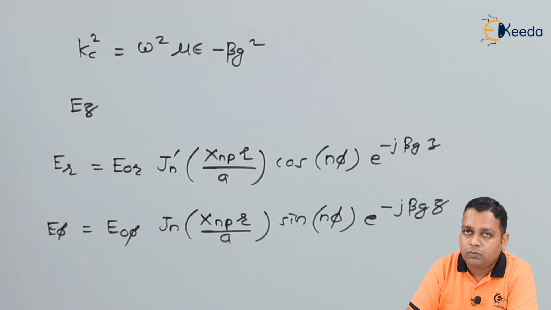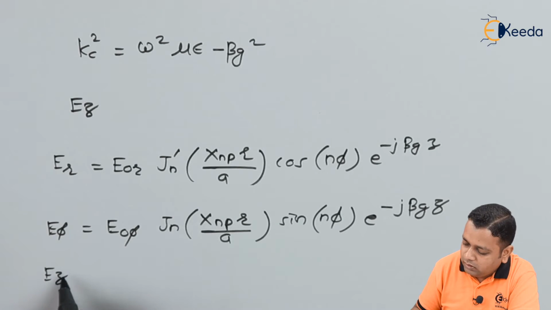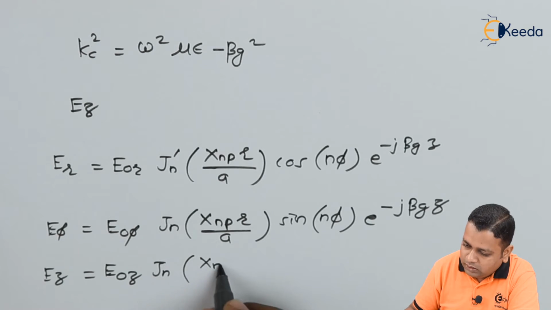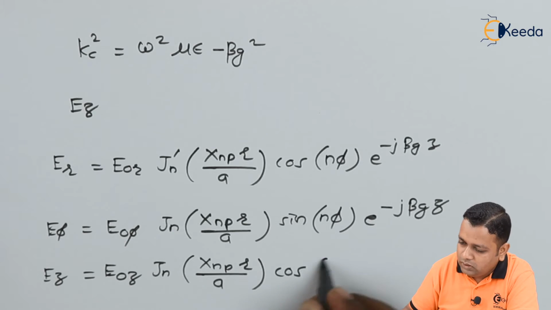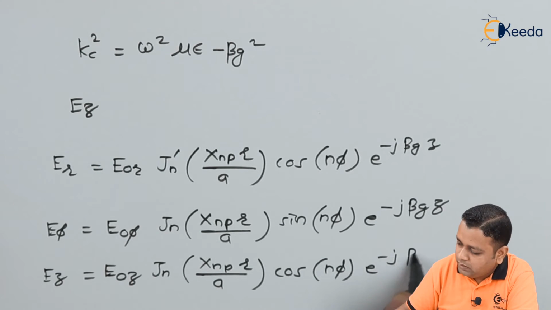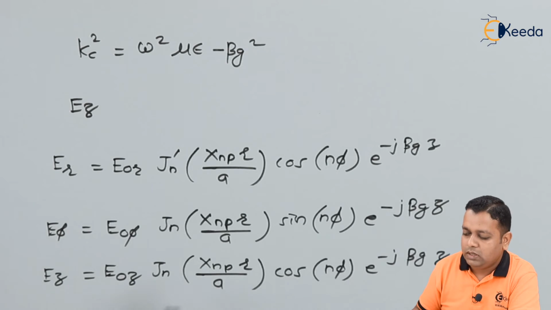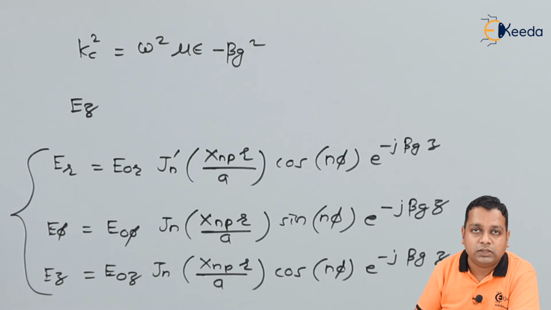So these are the two important components, and the equation Ez continues in the form E0z Jn as a function of Xnp r divided by a, into the cosine of n phi, e to the power minus j beta g z. So these are the three respective components of the electric field intensity vector.